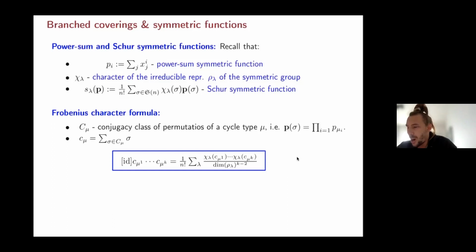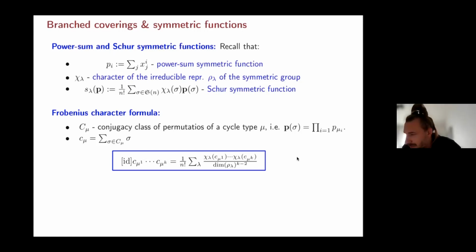In terms of group algebra, we would like to see what is the multiplication of conjugacy classes in the group algebra of the symmetric group. And then Frobenius tells you that, well, you can count these coefficients using representation theory.